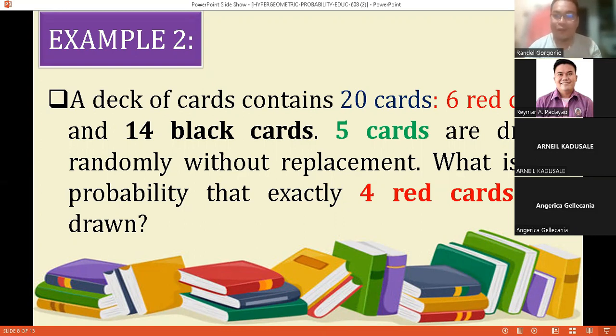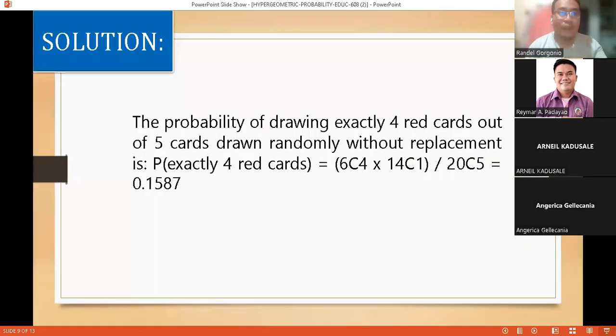We already know the formula for this. I want you to just follow the formula and substitute everything given. The probability of drawing exactly 4 red cards out of 5 cards drawn randomly without replacement is: P of exactly 4 red cards equals 6C4 multiplied by 14C1 all over 20C5.